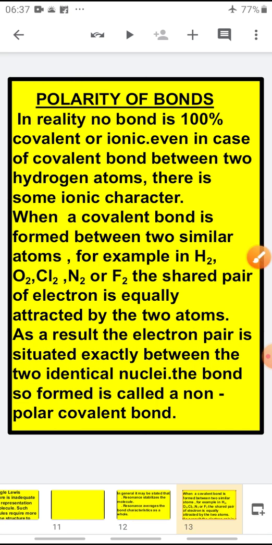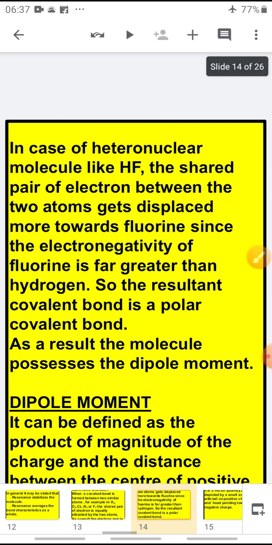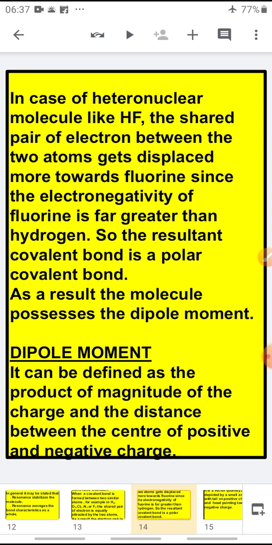Now, if we have heteronuclear molecules like hydrogen and fluorine, you all know that there is a great difference of electronegativity between hydrogen and fluorine. The shared pair of electrons between the two atoms gets displaced towards the fluorine atom.